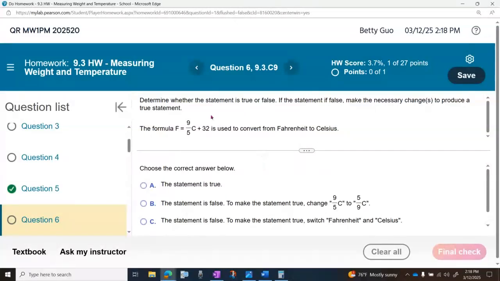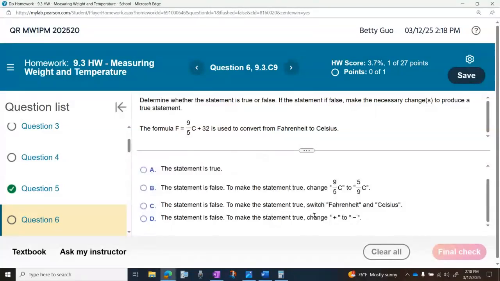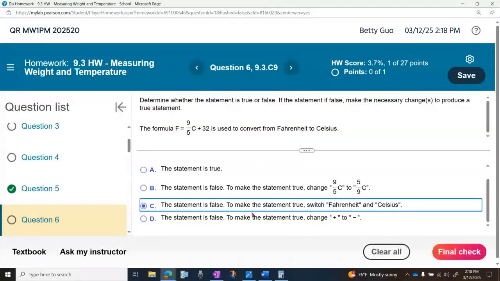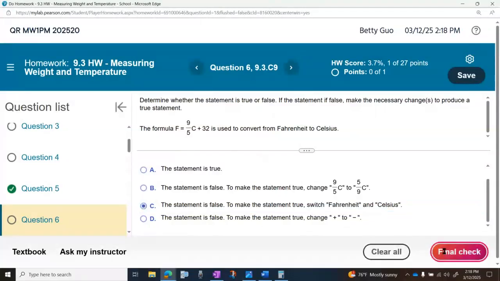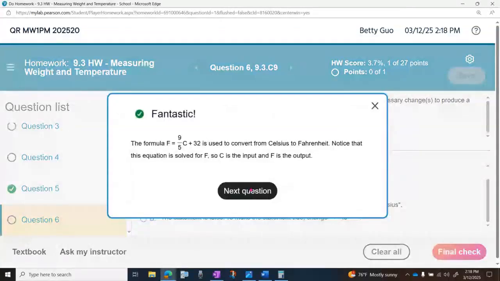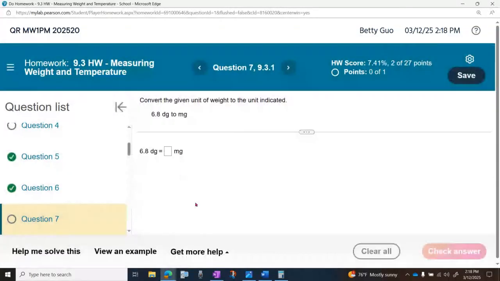Oh, this statement, true or false? The formula for the other way around is false. It is to go from Celsius to Fahrenheit. All right, that's pretty useful.